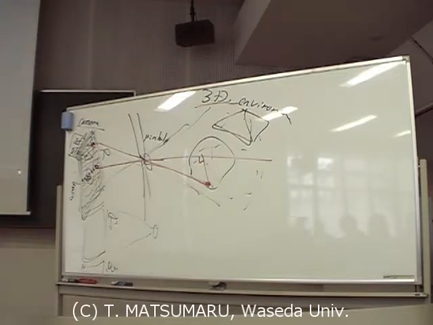So feature extraction, then matching, and then the 3D position is estimated. For feature points, the points correspond to each other, and then the 3D point position is estimated.